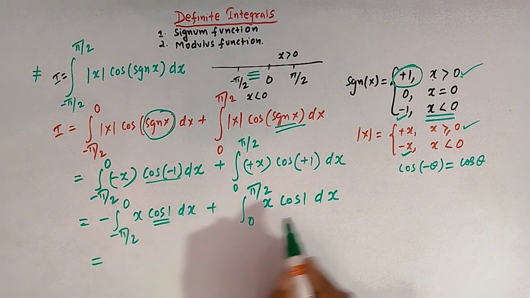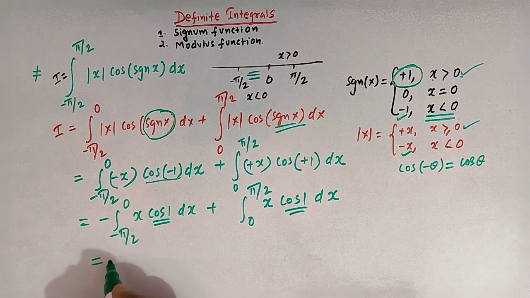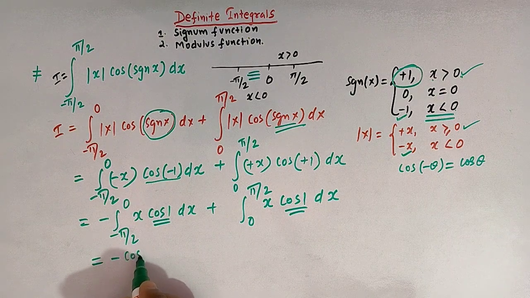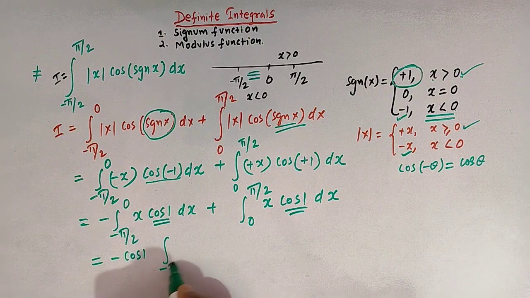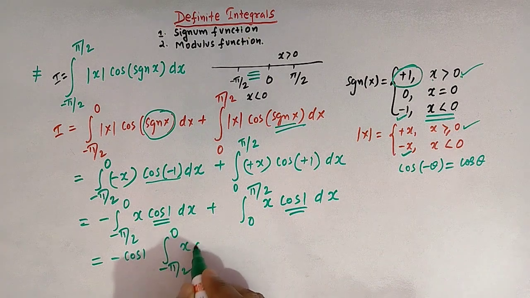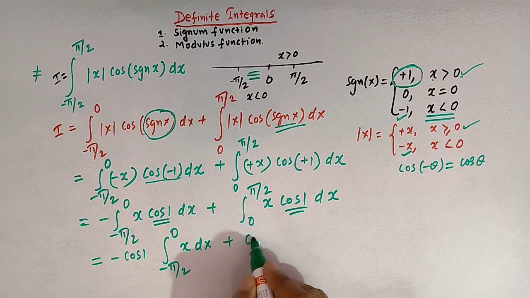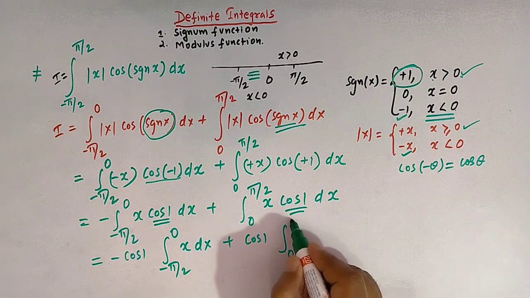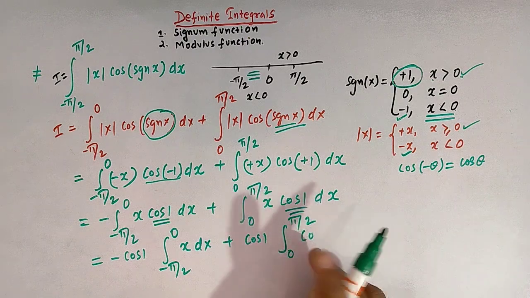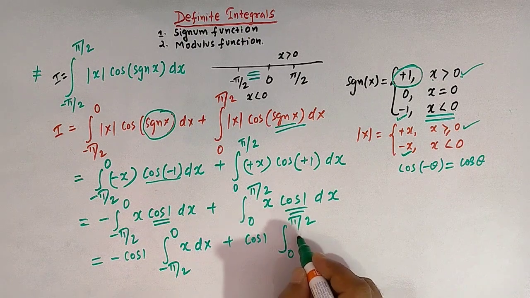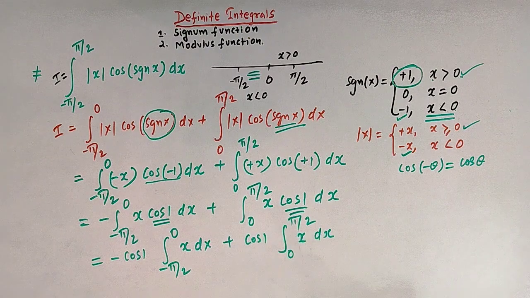So now cos 1 is a constant, so we can now take it outside the integral. We have minus cos 1 times the integral from minus pi by 2 to 0 of x dx, plus cos 1 times the integral from 0 to pi by 2 of x dx, right?